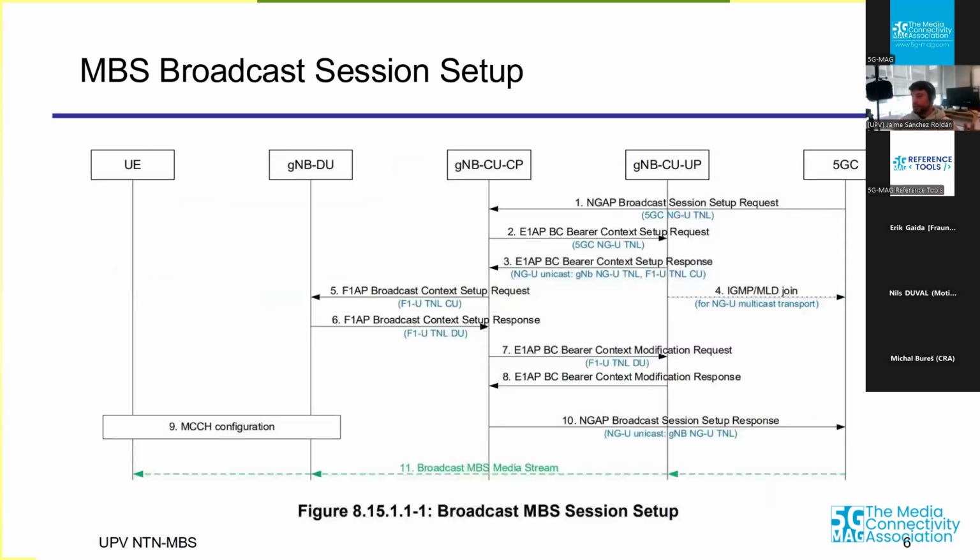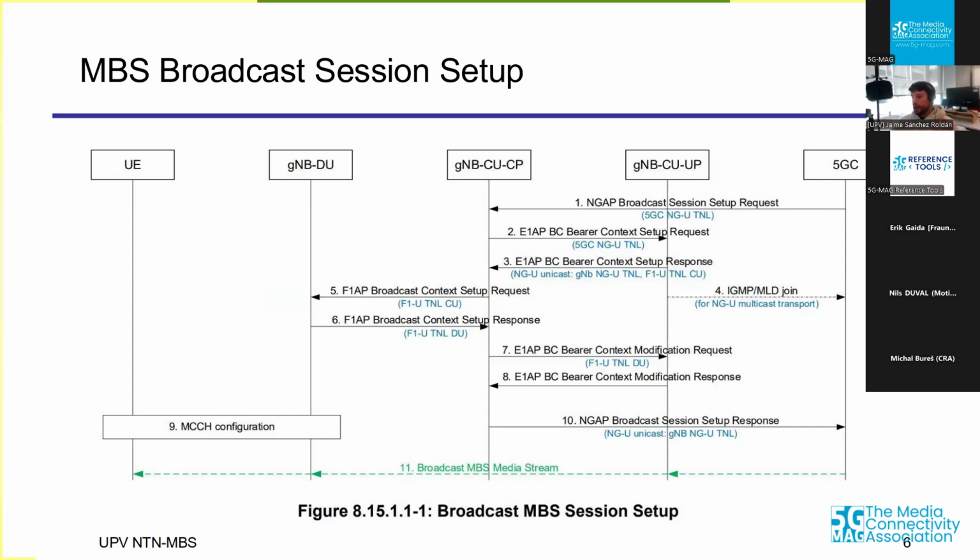What we did is implement the establishment of an MBS broadcast session, which requires procedures and functionalities in different protocols and in different interfaces. Basically, we implemented the messaging between the 5G core and the gNB in each different element, so the CU and the DU, and the CU is split in control plane and user plane.